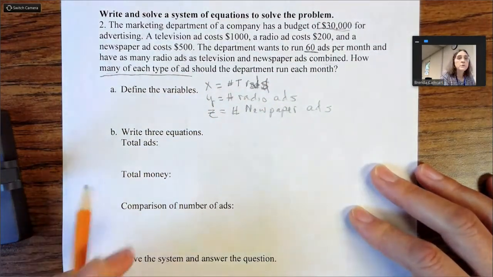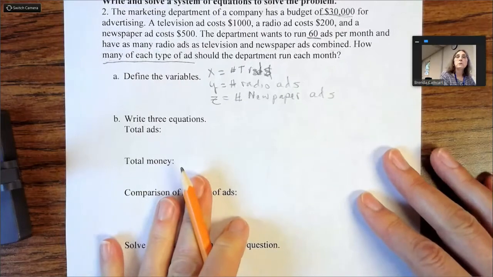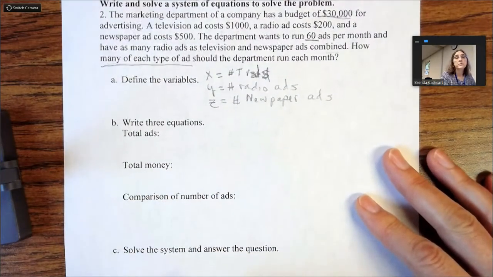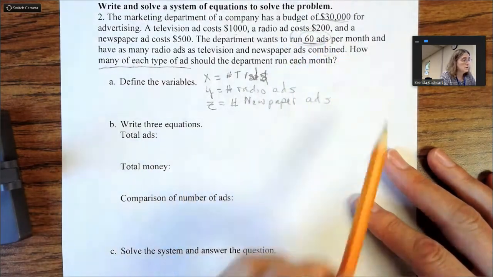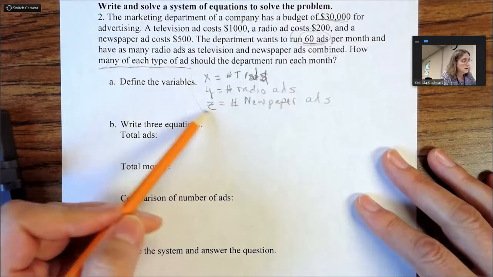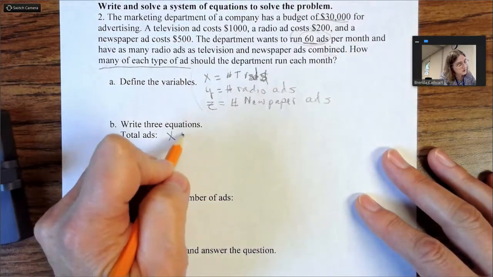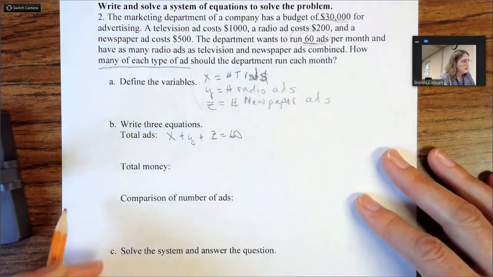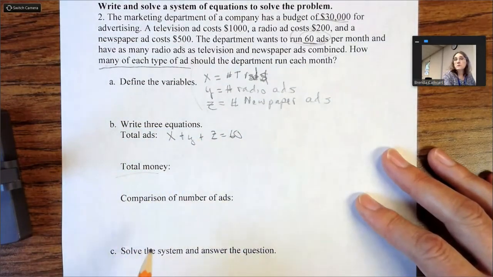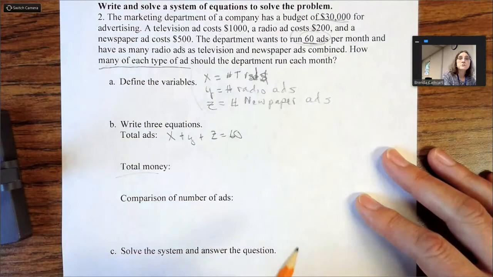Now I have three variables, so I need to write three equations. My total number of ads gives us one of our equations. We have 60 total ads, and all I need to do is add up my number of ads, so x plus y plus z is equal to 60. Now the money I'm going to spend has to add up to $30,000.